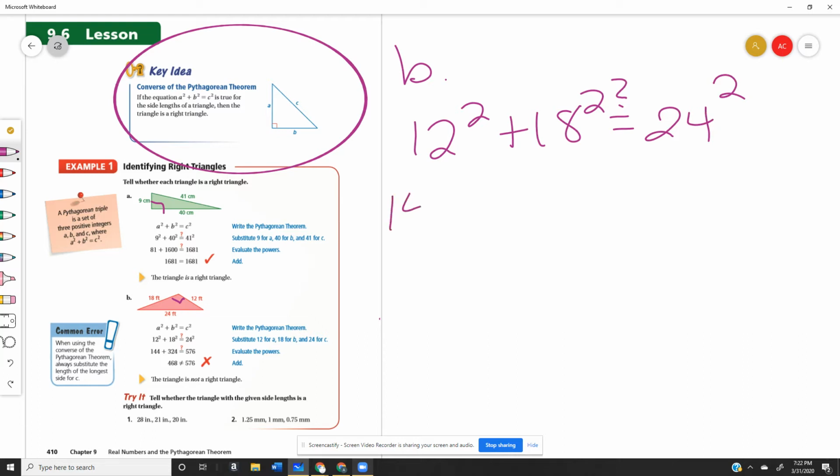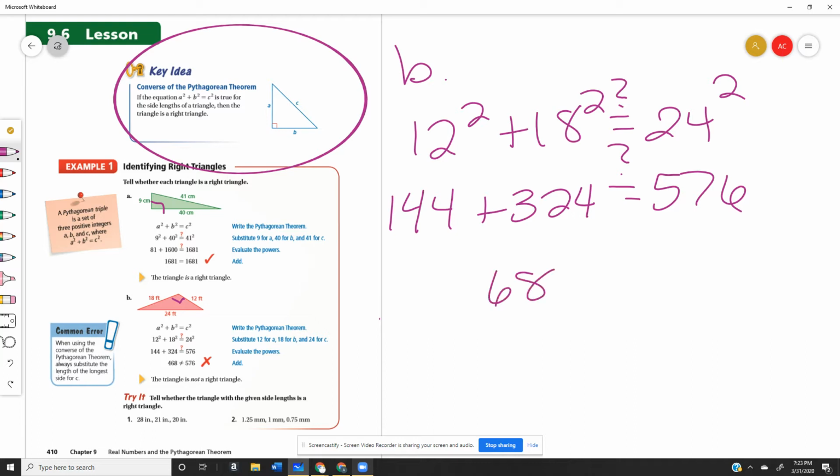So 12 squared is 144. 18 squared is 324. Why did I write equals? That's a plus sign. And 24 squared is 576. Okay? 144 plus 324 is 468, which is not equal to 576.